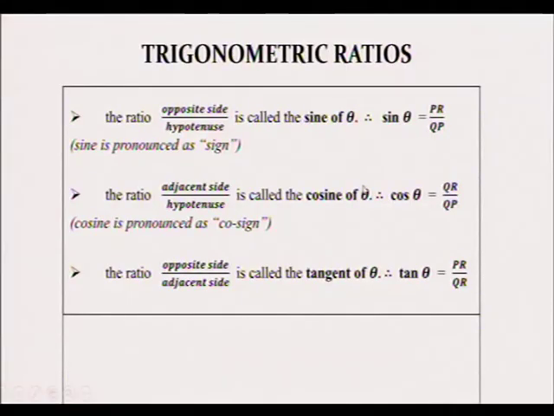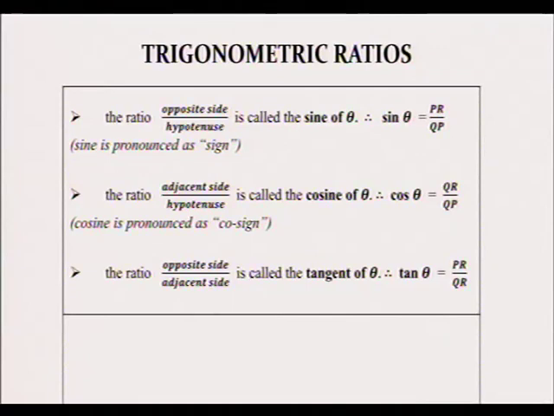We proceed. I just gave you the ratio opposite over hypotenuse. Then we calculate sin. Sin is what? Opposite over hypotenuse. Those of you who have done mathematics in grades 10, 11, and 12 have got a way of remembering this.